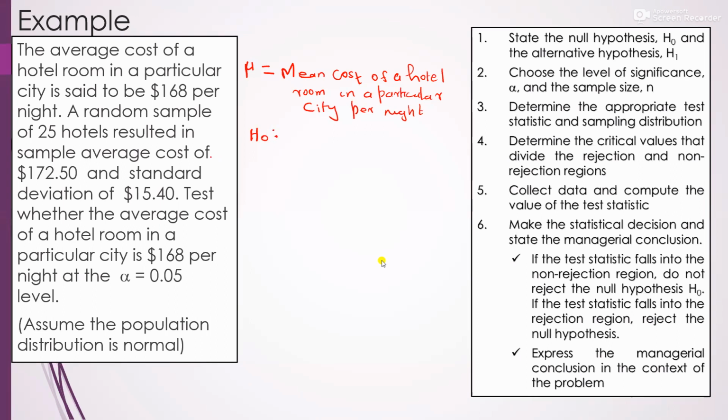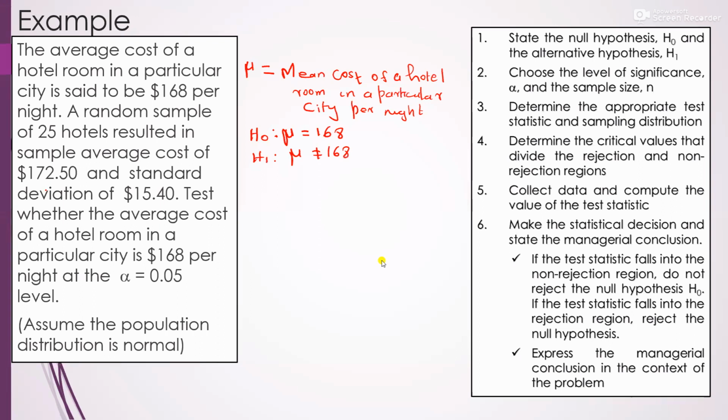The current hotel charge is 168. Mu is equal to 168. But now they want to check whether it's still 168. So H1: mu not equal to 168. From the sample observation, it indicates the hotel charge increases.